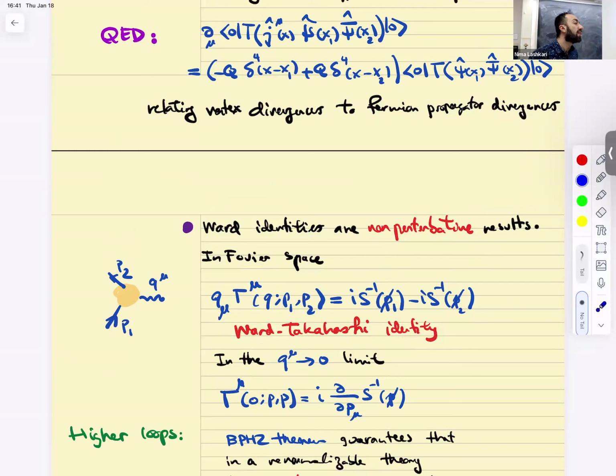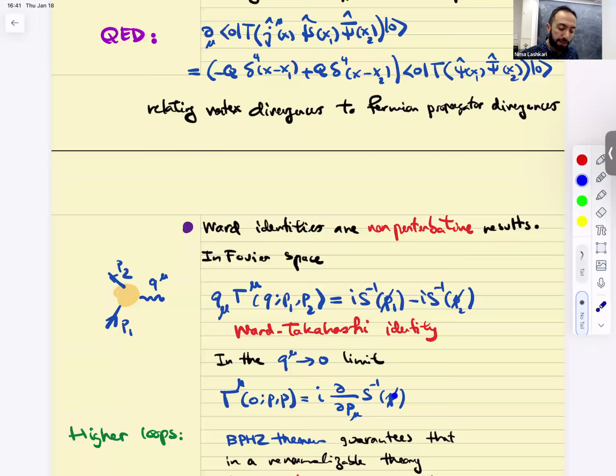And often we discuss this in the limit of q going to 0, the emission of a soft photon. In that limit, conservation law tells you that p1-slash is p2-slash plus q-slash. So you expand this in a Taylor expansion, you bring out the q_μ that will cancel this, and you learn that Γ^μ(0, p, p) is the derivative of the inverse propagator with respect to p_μ.